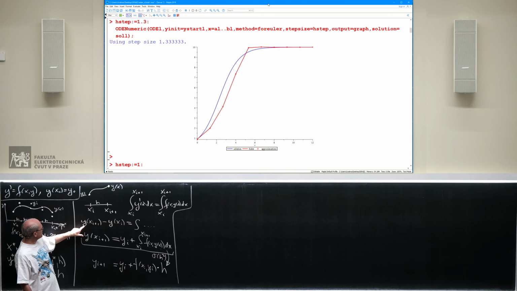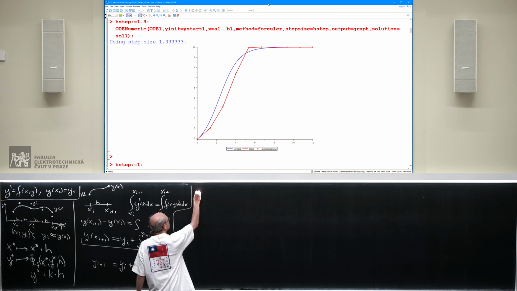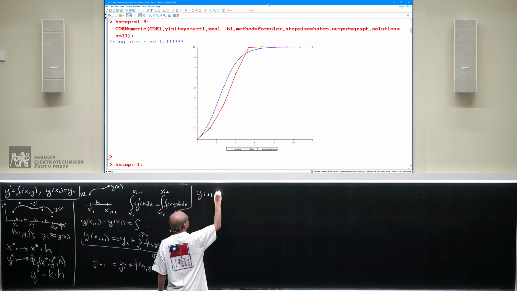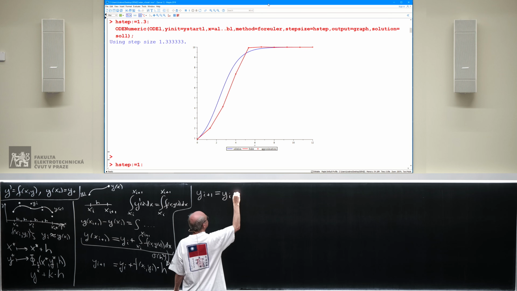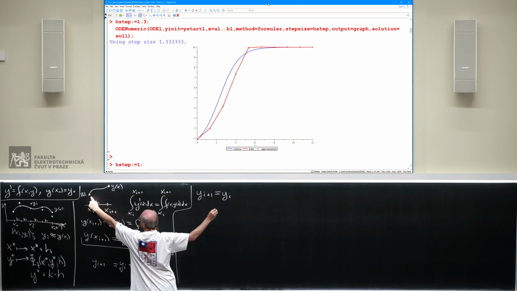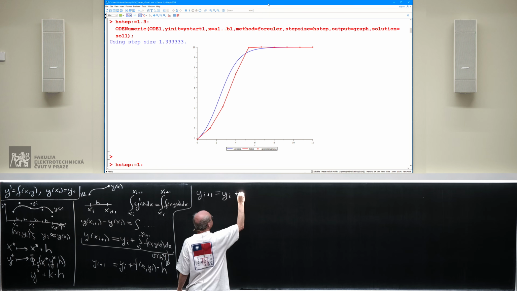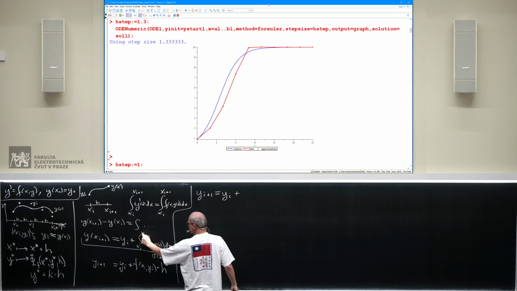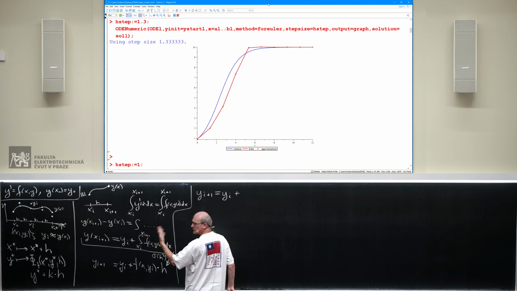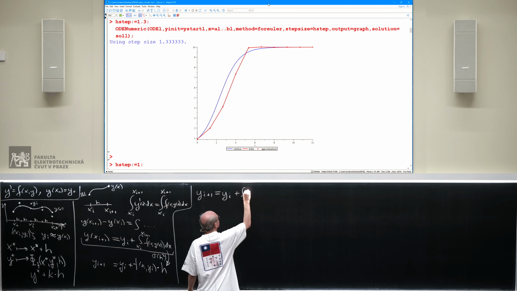So again, instead of the actual solution, we will look for an approximation y_{i+1}. Now, y_i, that's the current elevation of our solution, the current value. And now, this integral is replaced by taking the right endpoint of the integrating range, or the upper limit of the integral, and substituting into f.